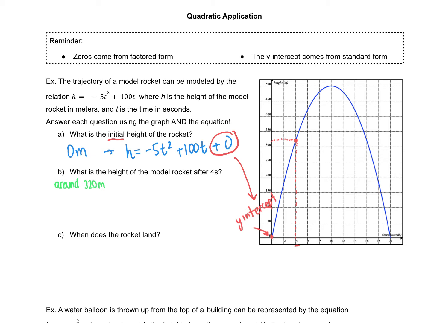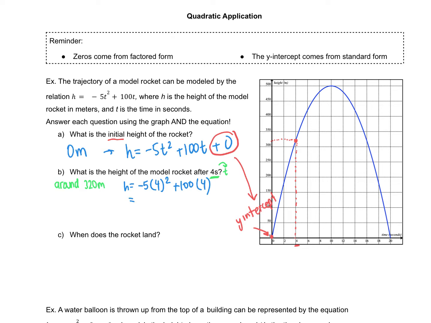But let's actually find the exact height, and we're going to use the equation. If I'm giving you 4 seconds, this 4 seconds is the time. So let's just replace t with 4, and then we're just going to simplify it. So h equals -5, and then instead of t squared, we're going to write 4 squared, because we're trying to find time of 4 seconds, plus 100 times 4.